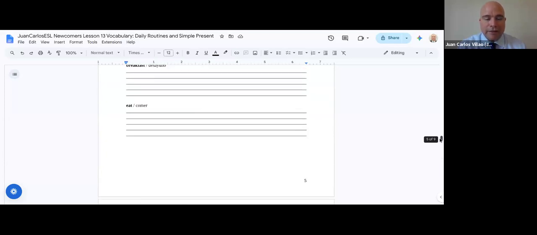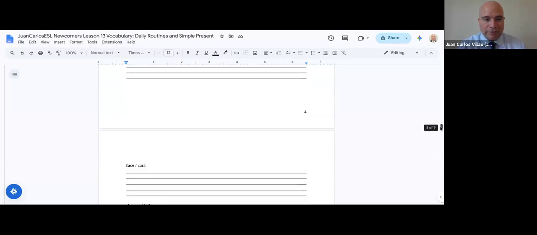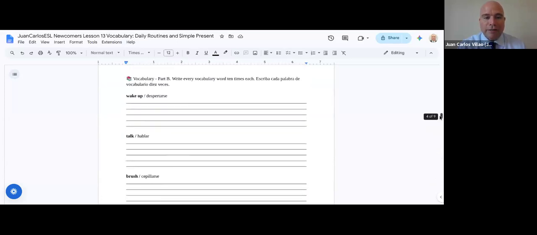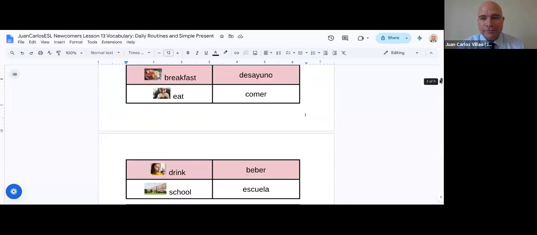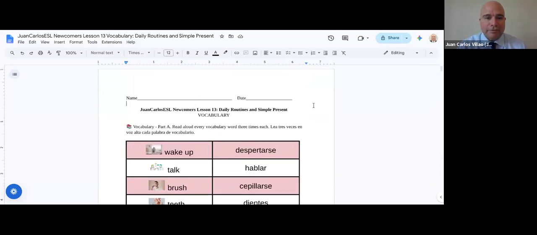So if they handwrite it, the exercise will be more effective for students to recall and remember and develop their English language skills. And that is our vocabulary for JuanCarlosESL, Newcomers, Lesson 13, Daily Routines in Simple Present vocabulary.